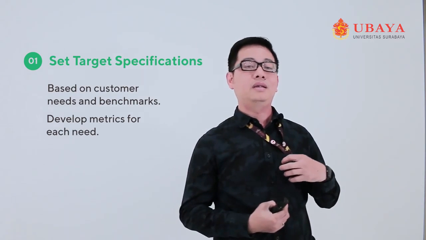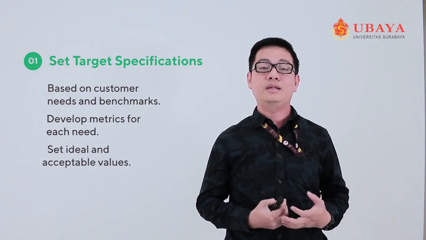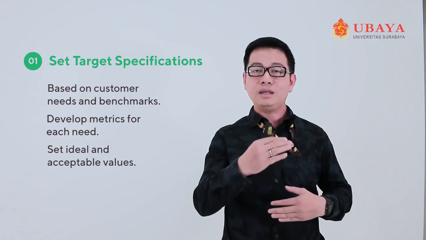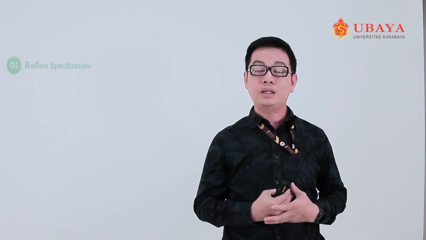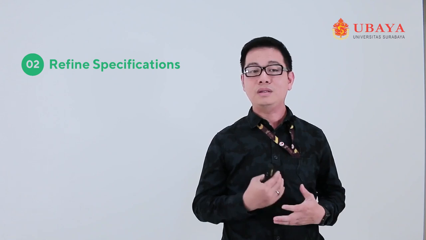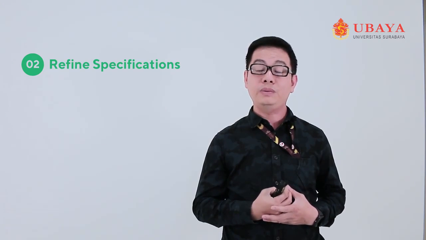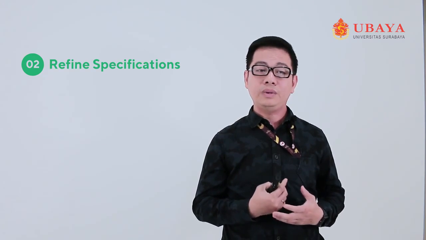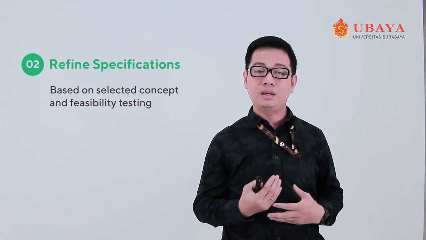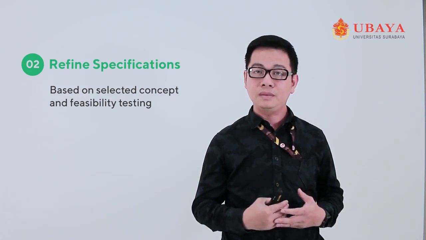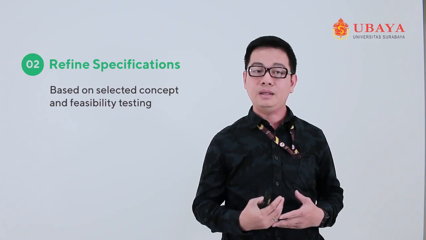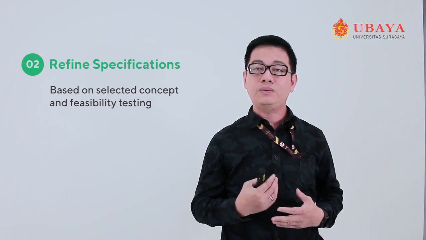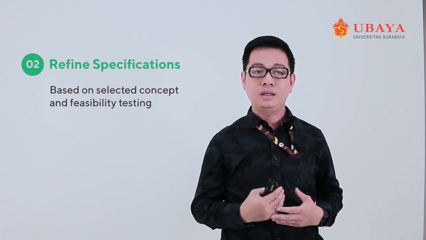And then the next one is to set the ideal and acceptable values. So I think the first step of the product spec process is very critical. Afterwards, we follow with refining the specifications. What is done in refining the specifications? The first is based on the selected concept and feasibility study or feasibility testing, and we try to find the constraints.